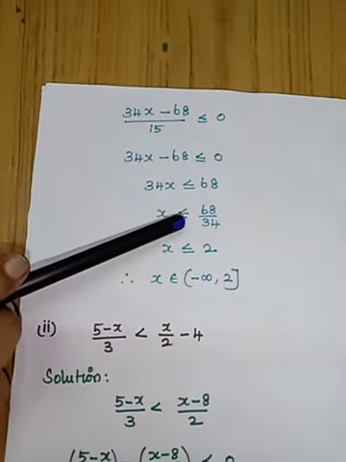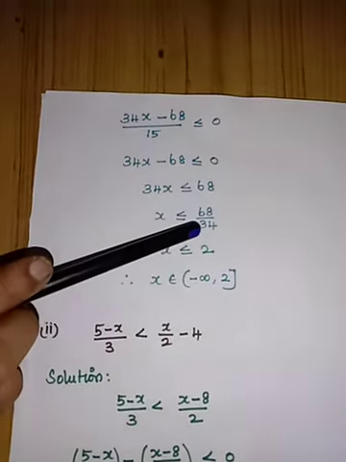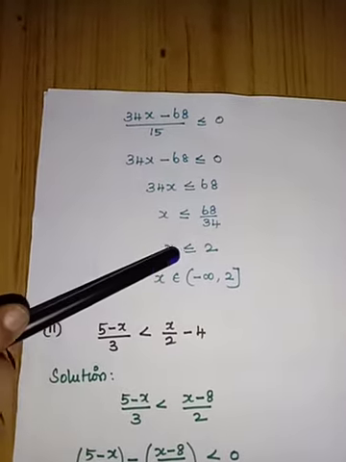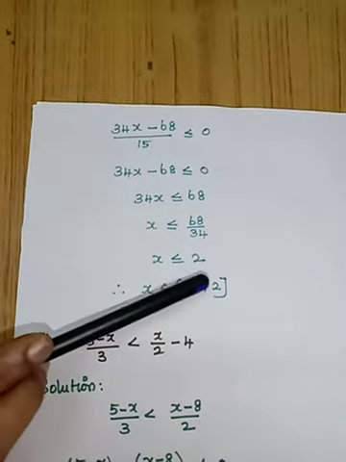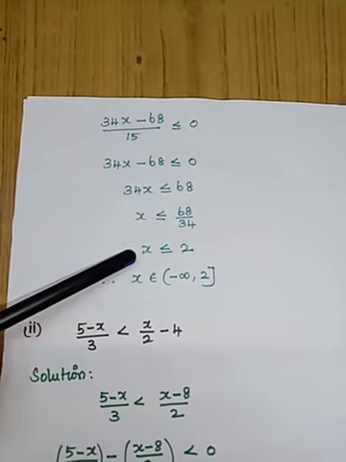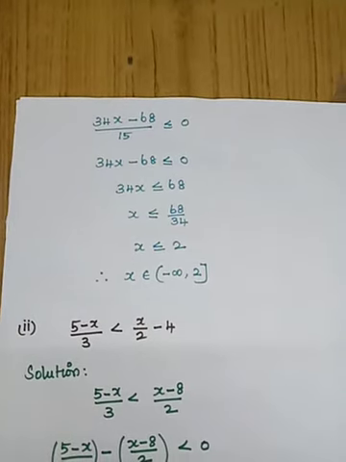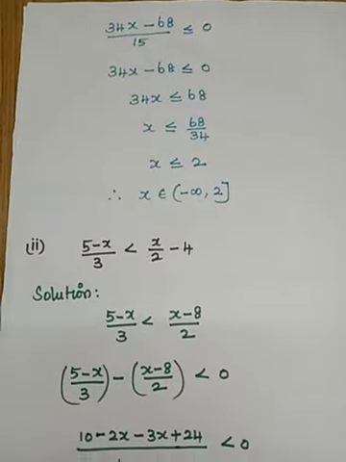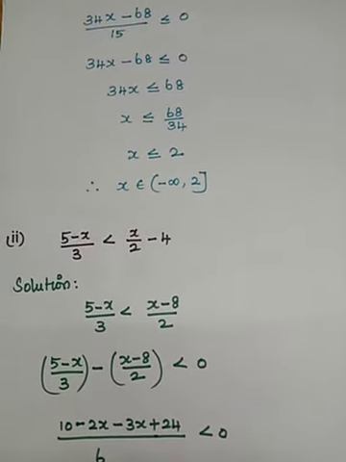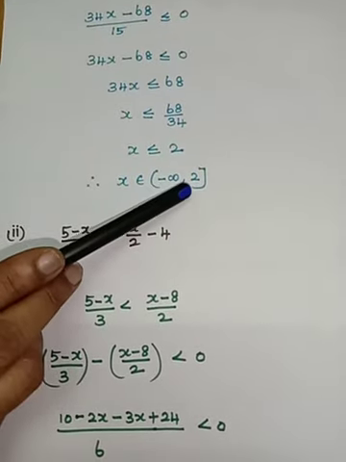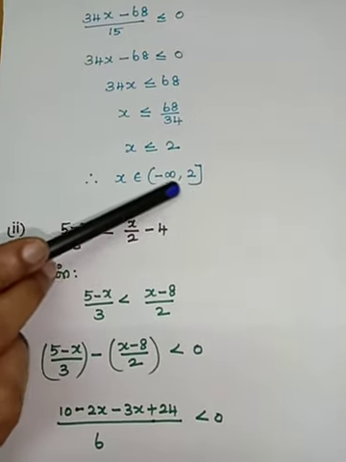So x is less than or equal to 68 by 34, that is equal to 2. See that x is less than or equal to 2. 2 is included, keep that in mind. Your x value is less than 2, so you have to write the real numbers to the left of 2. It starts from minus infinity to 2, and 2 is included.